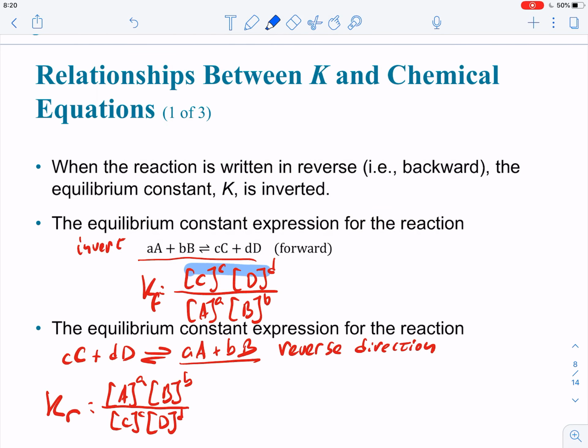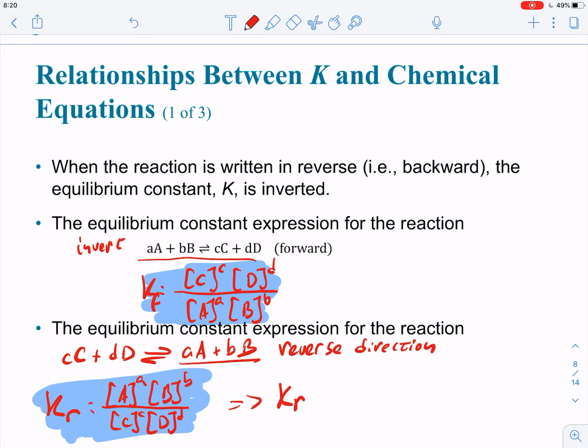And when you compare these two, we are comparing this expression with this expression. And what you notice there is that they are just flipped. What you have on top in the forward K is what you have at the bottom in the reverse K. So that helps you establish a relationship that tells you that the equilibrium constant for the reverse reaction is going to be equal to the reciprocal of the equilibrium constant for the forward direction.